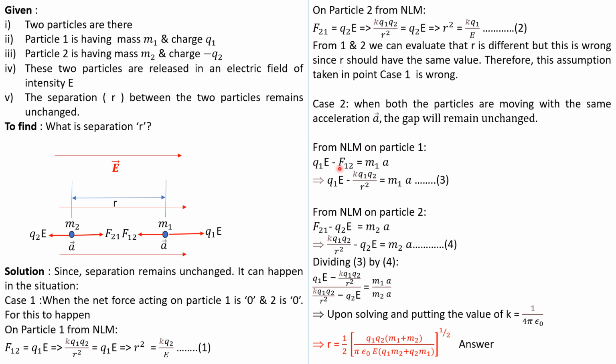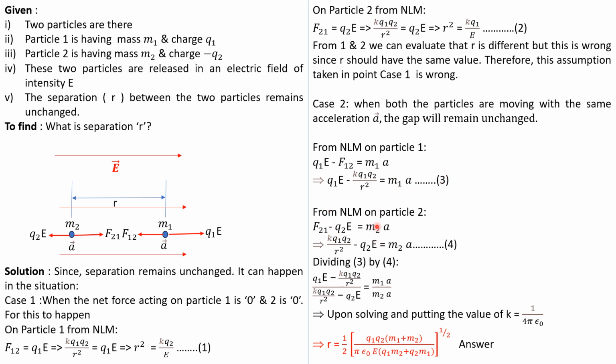So we will write again from Newton's law of motion on particle 1: q1E in this direction minus F12 should be equal to m1 into a. So q1E minus K q1 q2 by R square will be m1a. This is equation 3.